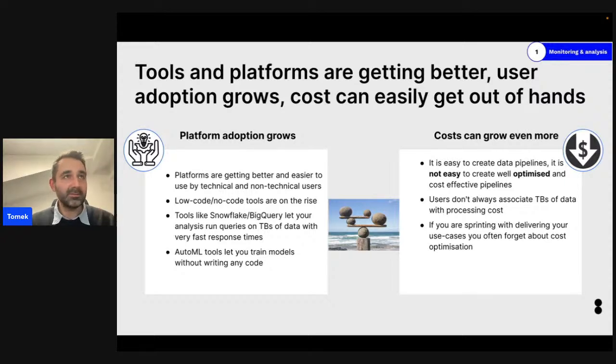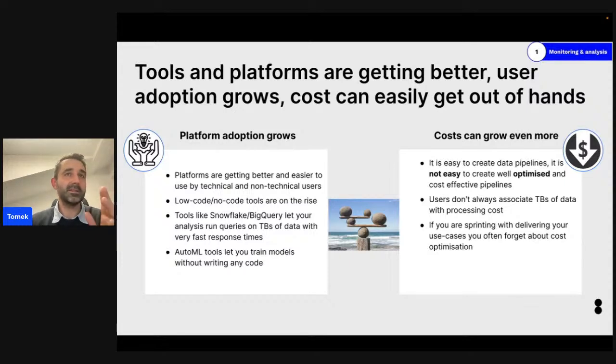You can run your BigQuery queries going through terabytes of data, and you will have responses in a matter of seconds because this tool is just so great and so scalable. You have AutoML that lets you train models without writing any code. So all of that is great. It really democratizes a lot of data analysis, but it also introduces a lot of cost.